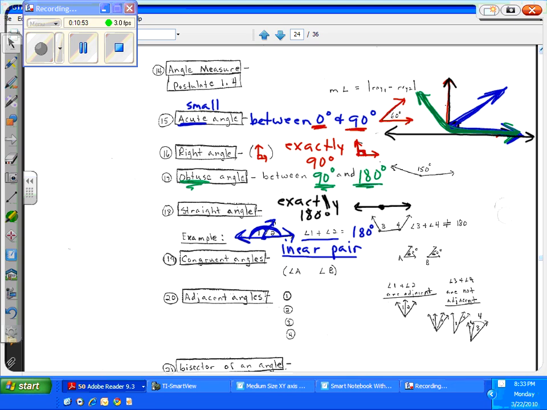We say that those are a linear pair. A linear pair is a pair of angles whose external rays form a line. Because of that, because they make a straight angle whose measure is 180, then we can say that a linear pair adds up to 180. Okay?